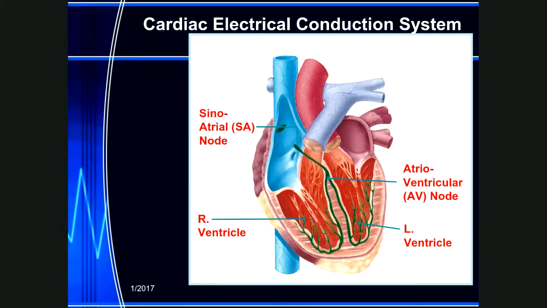It sends a message down the conductive pathways that tells the muscle to contract. This is known as the cardiac conduction system. So it sends the message down to the AV node, which is going to split there into the right ventricle and the left ventricle, to let them know to pump.